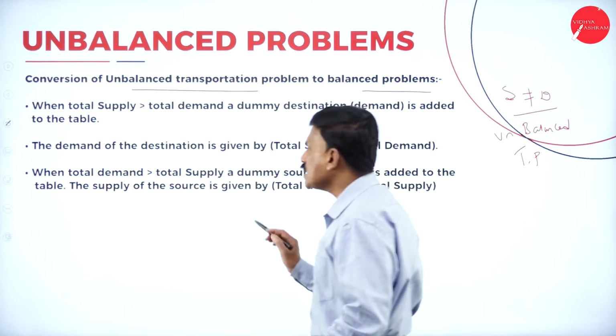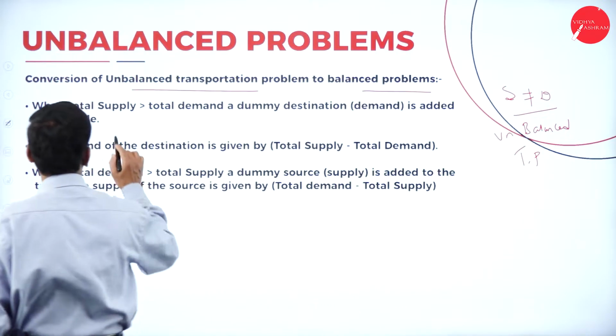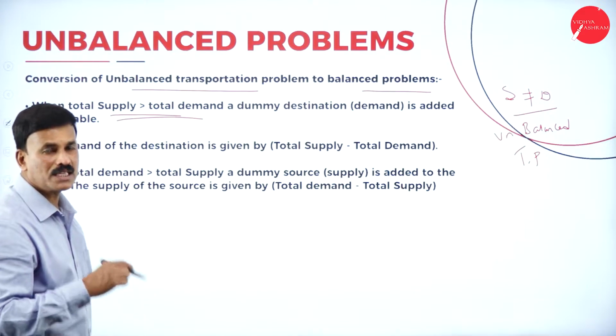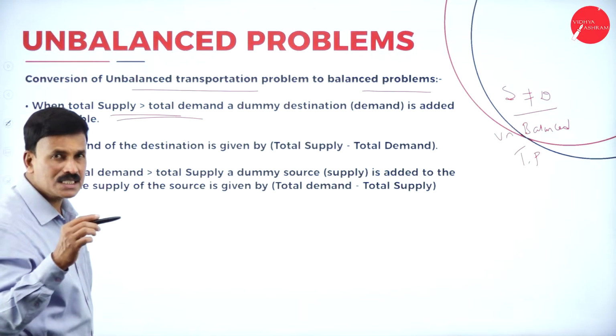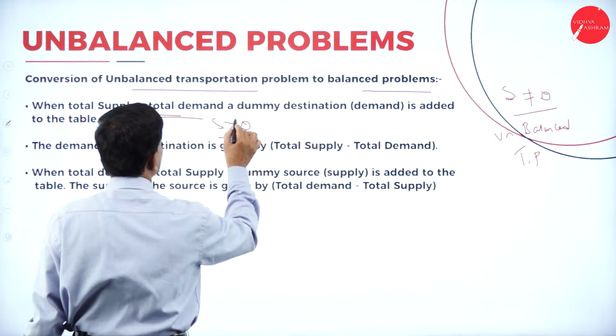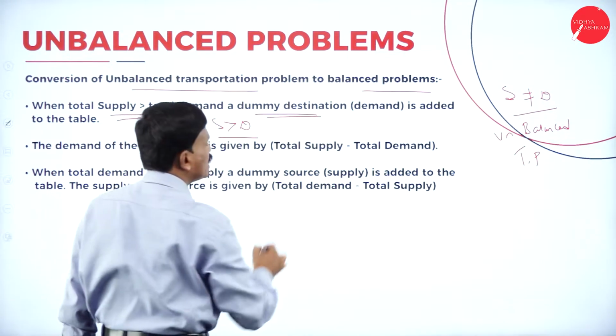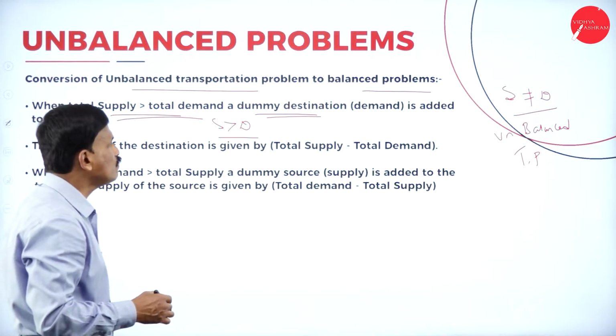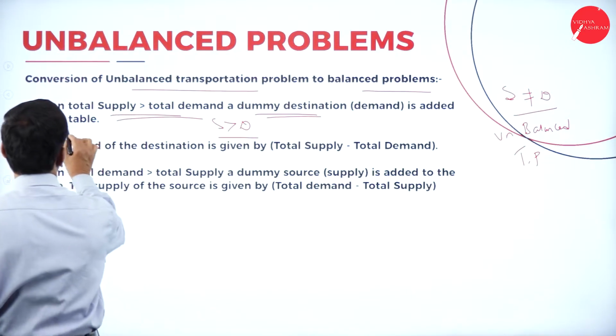Now just see the supply and the demand. If the total supply is greater than the total demand, a dummy destination, that is demand, is added to the table.